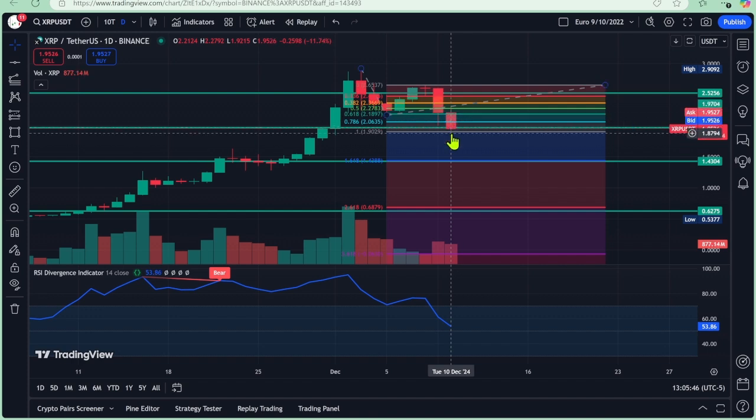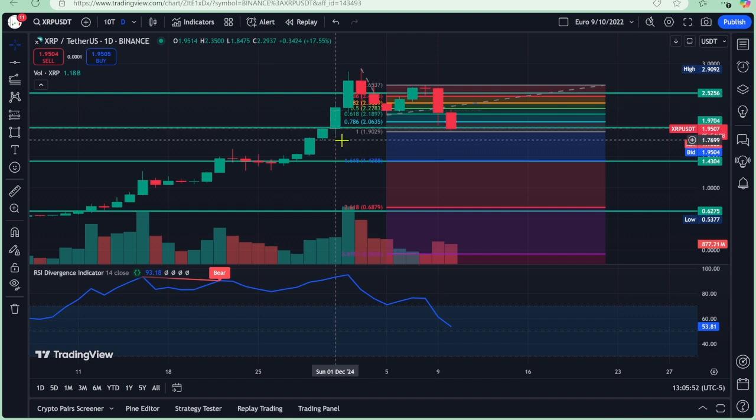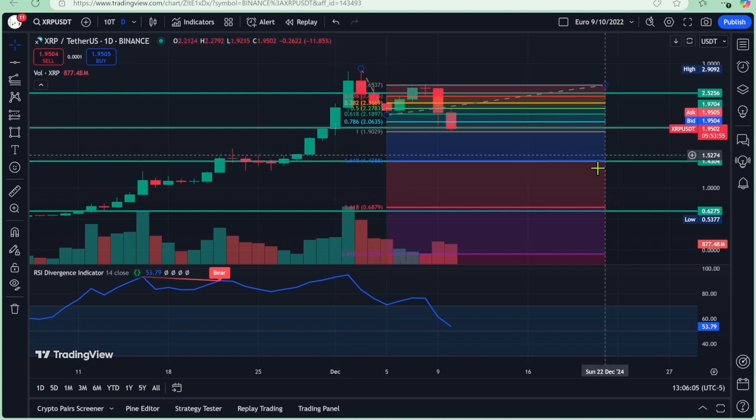Because if it falls through this, we have a couple areas where it might hit. You see where this candlestick here fell and bounced? It might go there and bounce. It might go to the bottom of this and bounce. But the next real area from our Fibonacci extension is right down here, which happens to be another area of confluence.